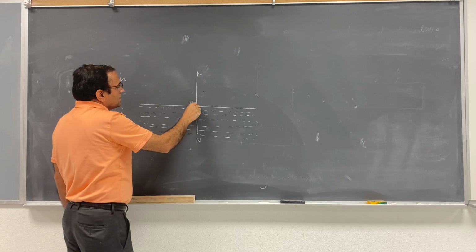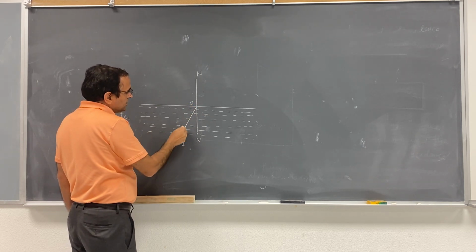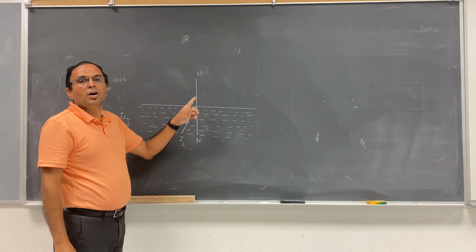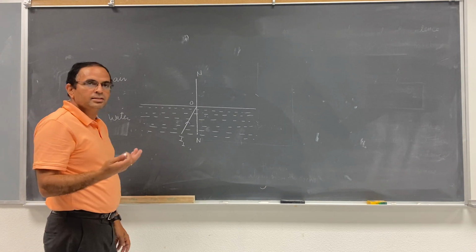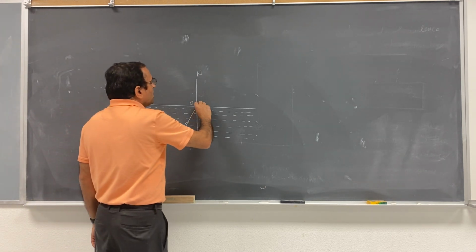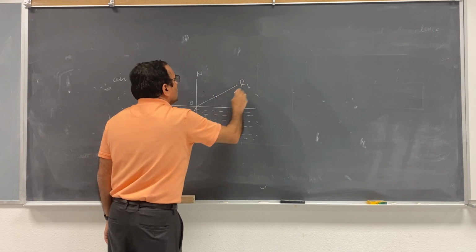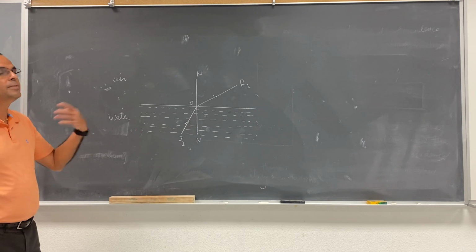And I take the ray, this is I1, incident ray. Light travels from water to air, optically thick medium to optically thin medium. What happened in this case? The light moved away from the normal like this. This is R1. OR1 is the refracted ray, not a reflected, refracted ray.